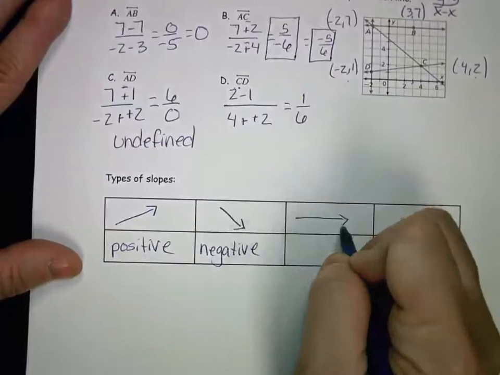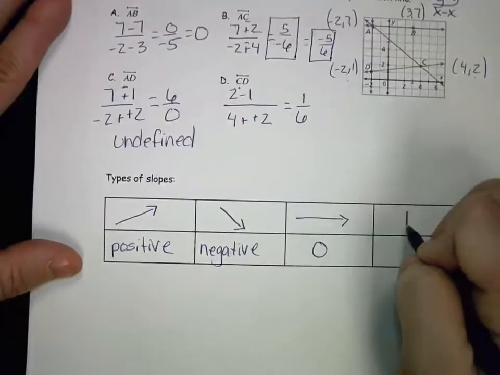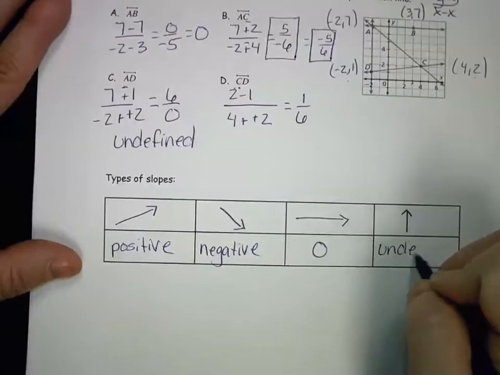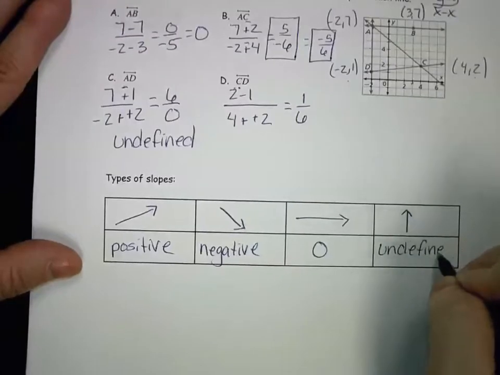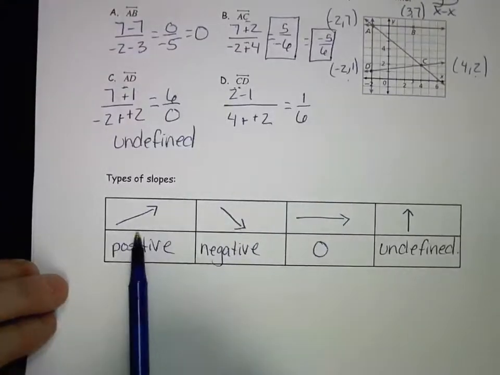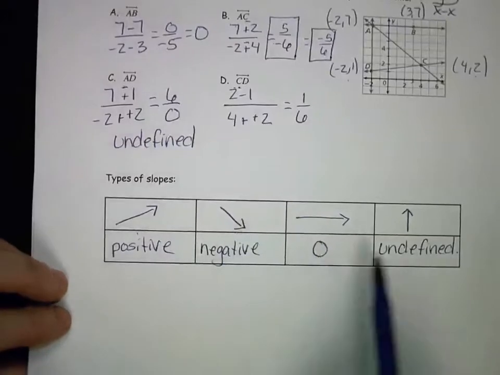If your line goes straight across, that is a slope of 0. And if your line goes straight up and down, that is undefined. So positive slope, negative slope, zero slope, and undefined slope.